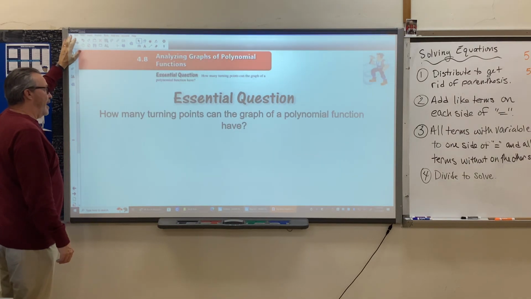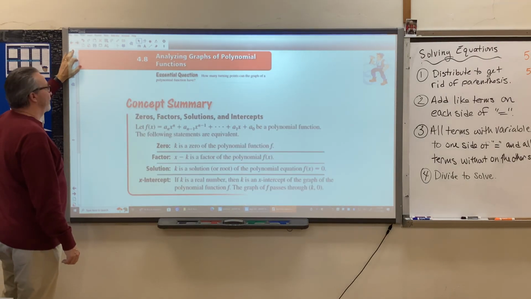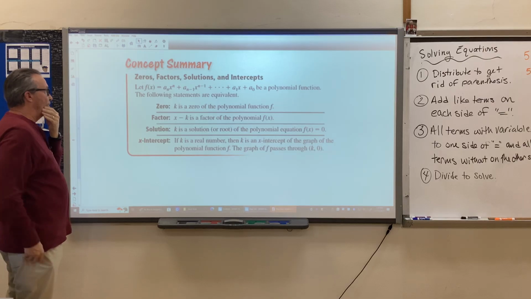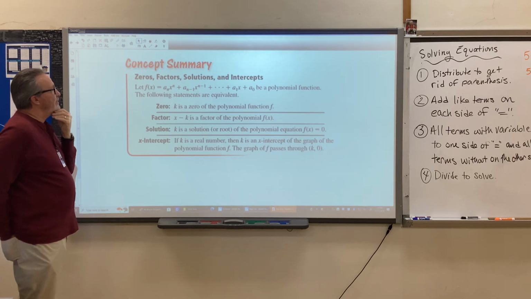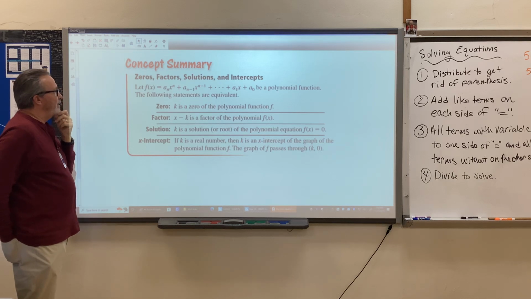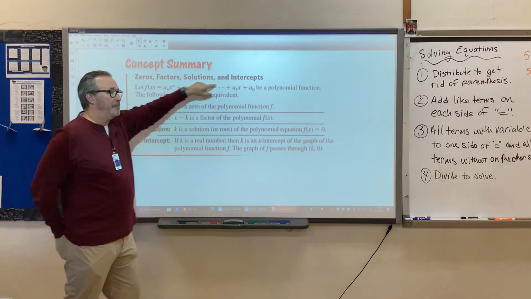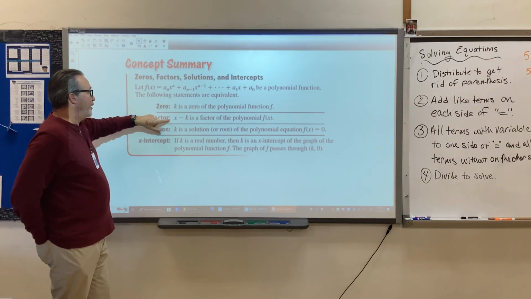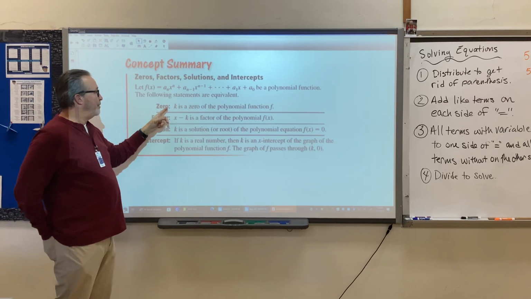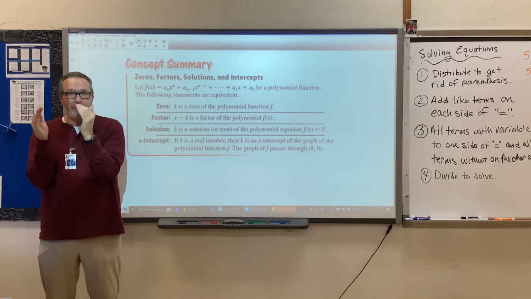That's what this is about: how many turning points can the graph of a polynomial function have? So this is an interesting concept summary. A zero is where a function crosses the x-axis. A factor, you can get from a zero, it's typically a binomial, but it can be more, right?